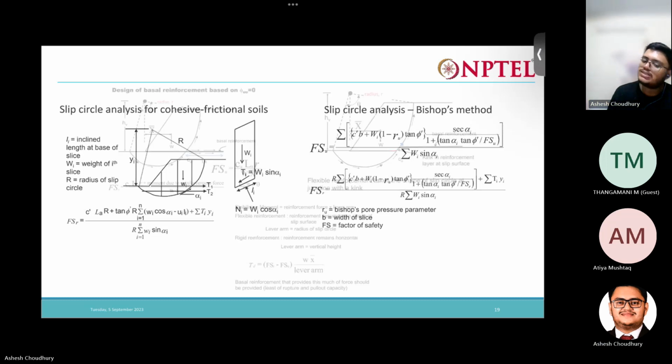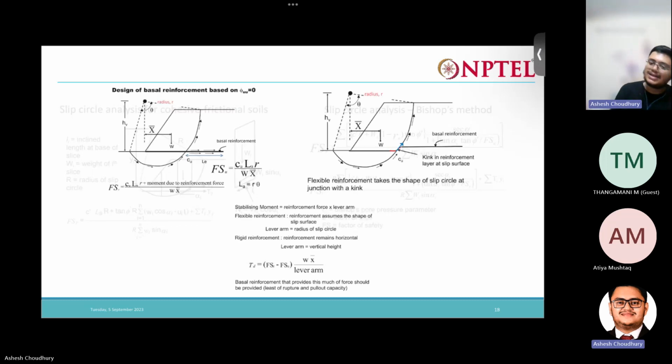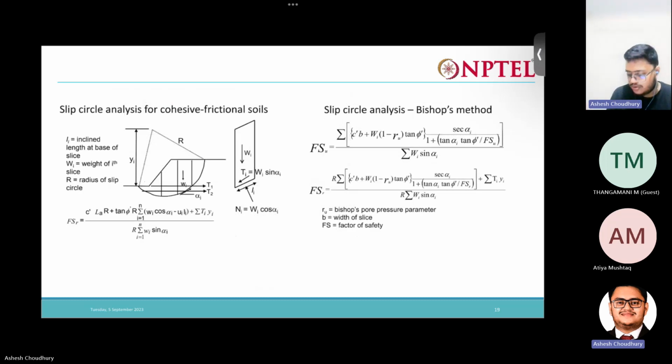So for purely cohesive soils it is a little bit easier, and for c-phi soils it is a bit complicated. Generally, it is not possible to do by hand, so we use computer programs or software packages which can select trial surfaces for us and then do the calculation.